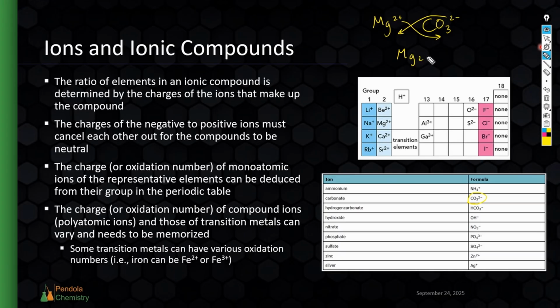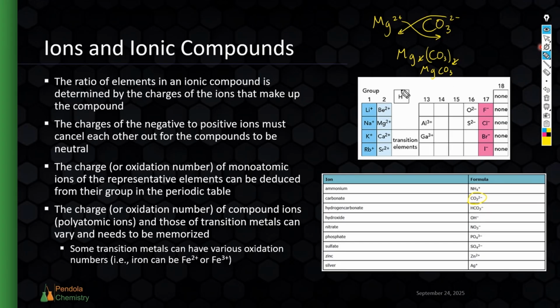But we have to remember that ionic compounds have the lowest whole number ratio possible. So Mg2(CO3)2 is not a possible ratio for magnesium and carbonate, because we need to simplify this ratio to a 1-to-1 ratio, meaning the actual formula would just be MgCO3. So always remember that ionic compounds are simplified to the lowest whole number ratio.